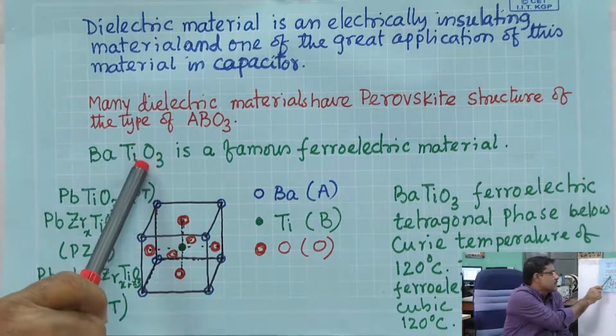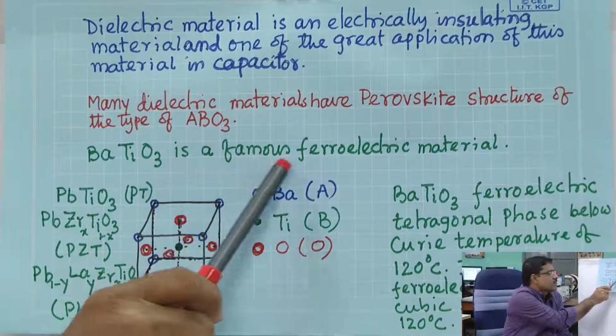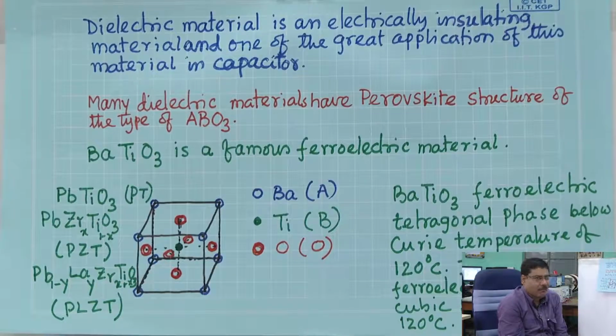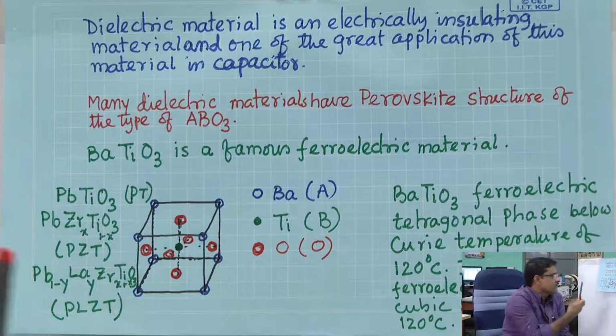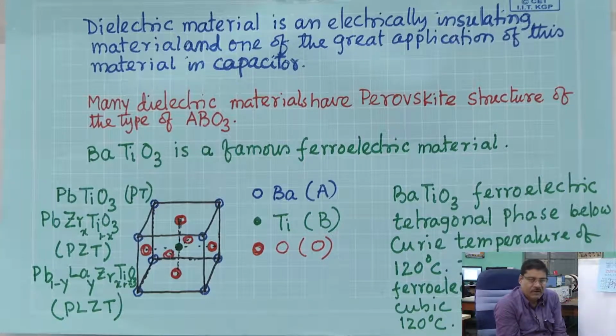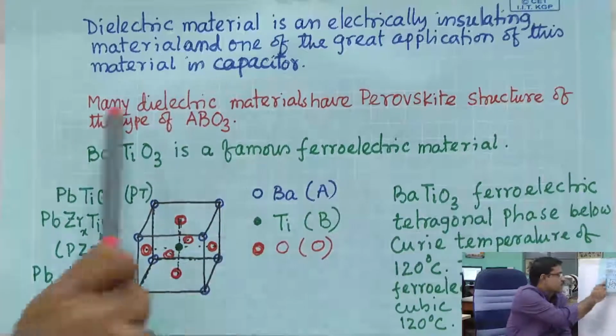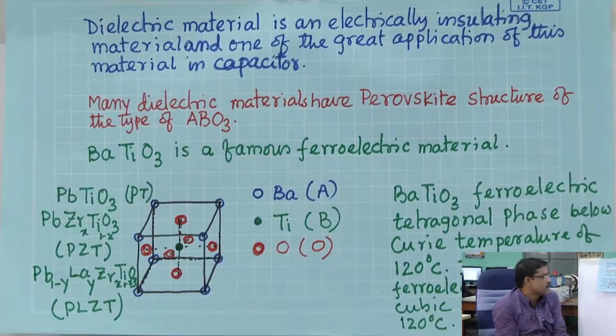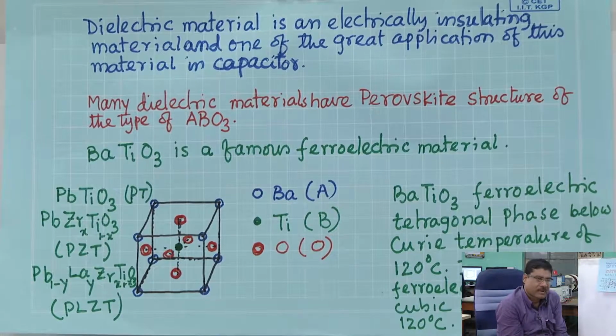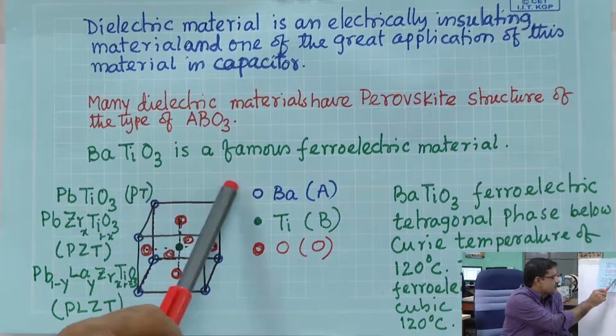Barium titanate is a very famous ferroelectric material. If we consider the perovskite structure, the first material is barium titanate, whose structure is basically cubic.